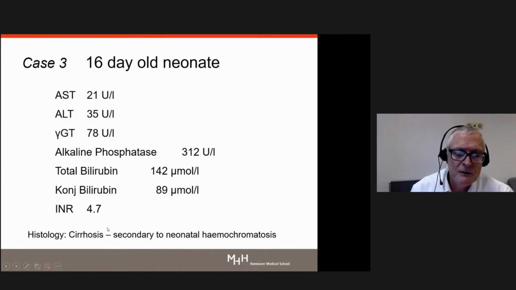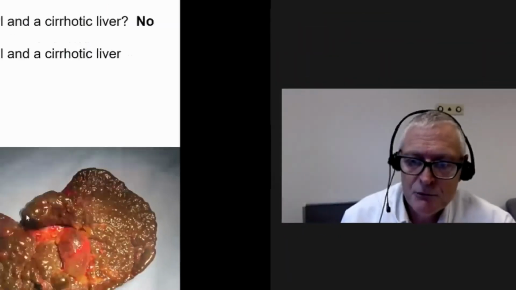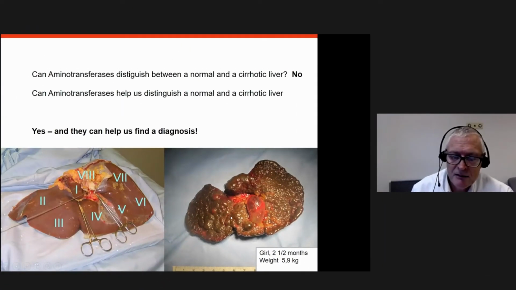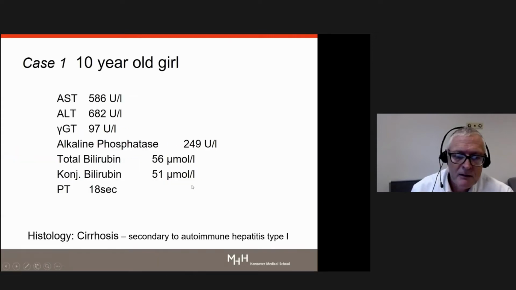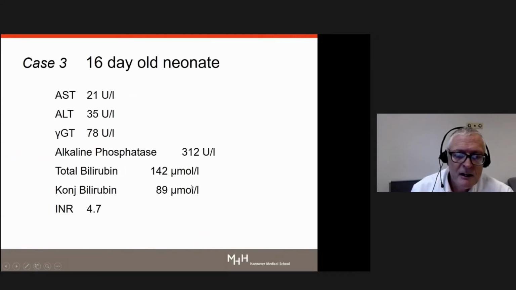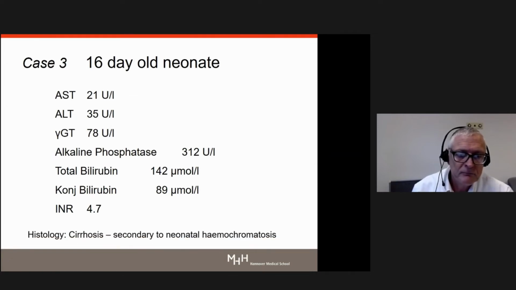A very typical picture. Just to point out, all three patients were genuine children that we looked after here. All three had cirrhosis. This liver comes from the last child at the time of transplantation. You see they all had cirrhosis, and the transaminases were very variable.